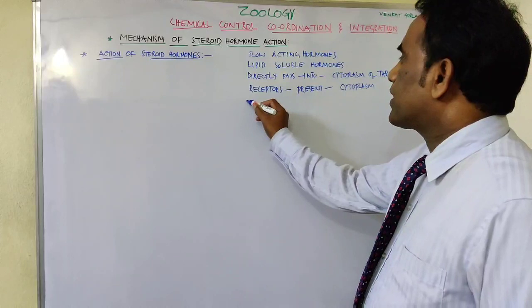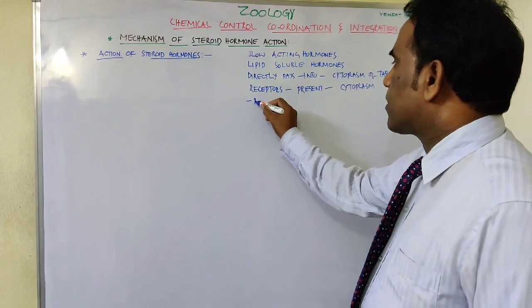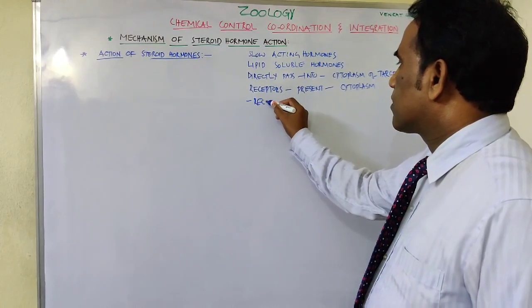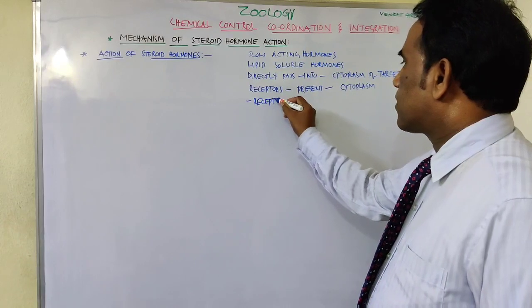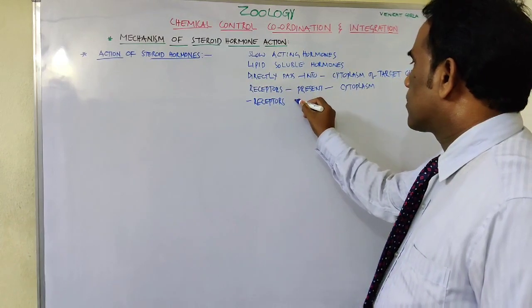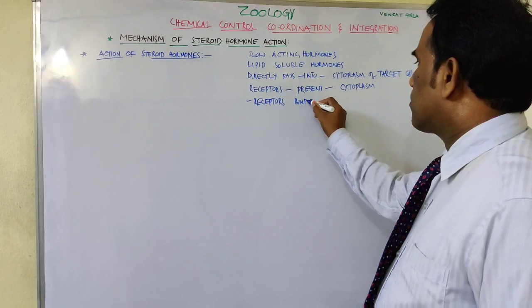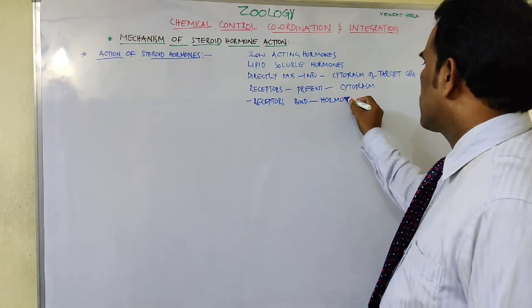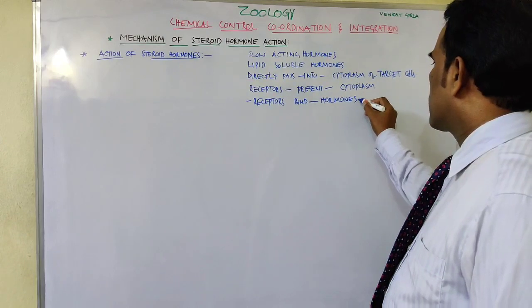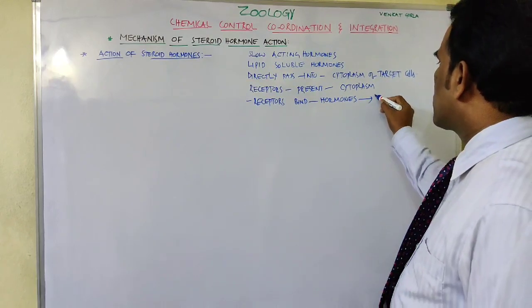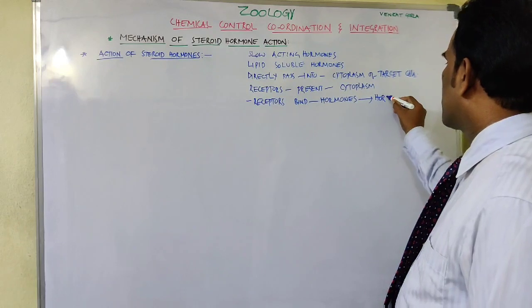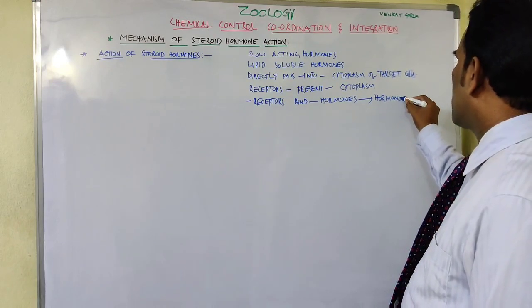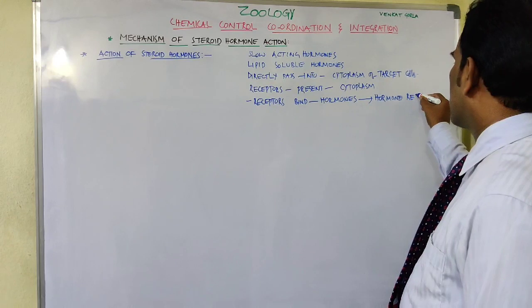Now, as and when it arrives, these receptors bind with the steroid hormone and form a hormone receptor complex.